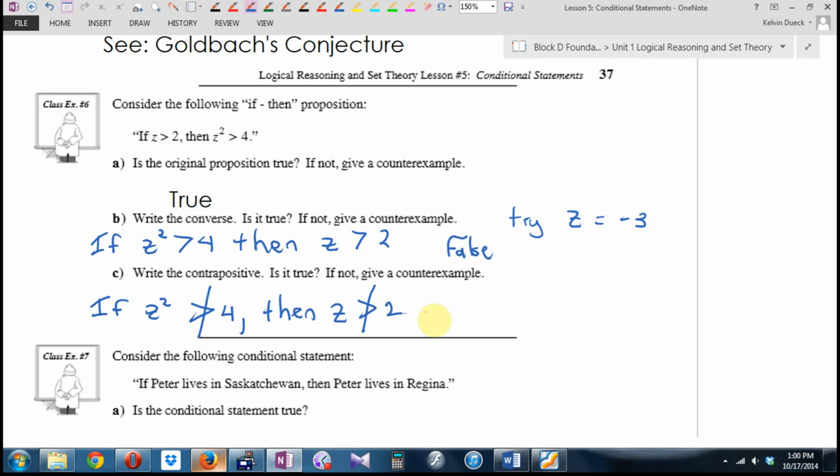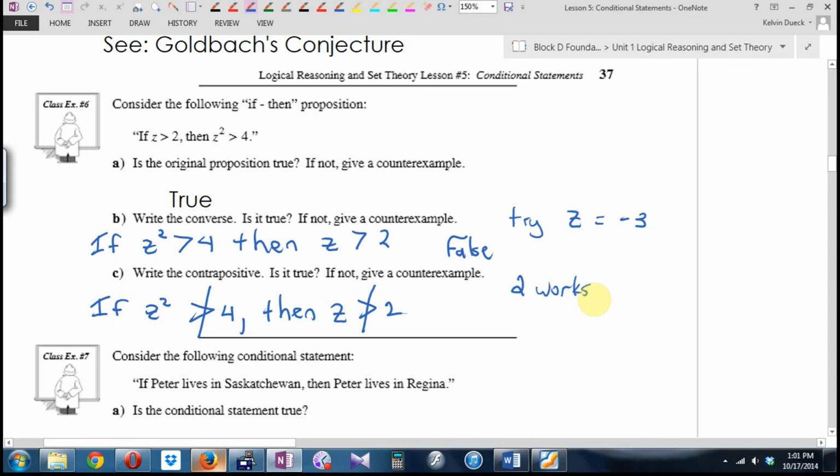Let's see. Well, what could I square and get an answer less than 4? First of all, let's try 2, because it's less than or equal to. Put a 2 in. 2 squared is smaller than or equal to 4. Is 2 smaller than or equal to 2? 2 works.